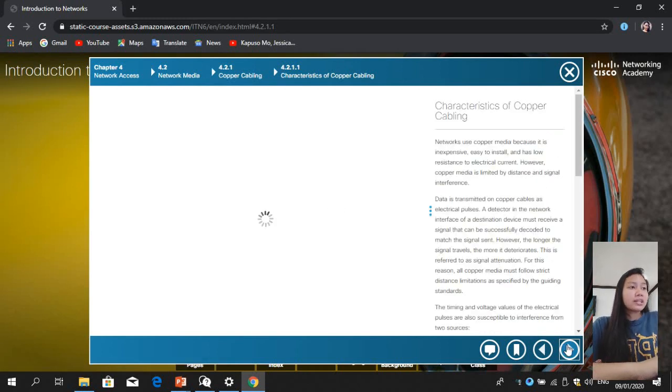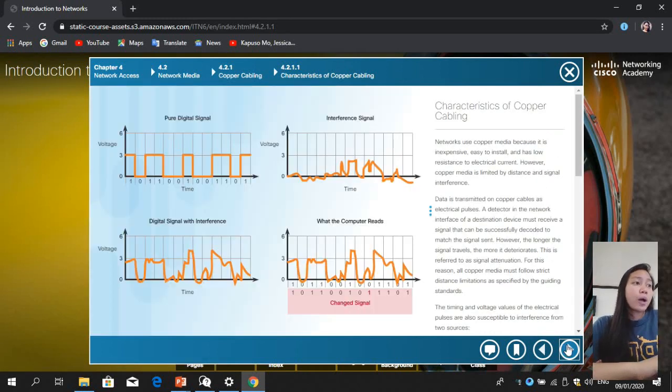Also, we study the characteristics of copper cabling. We can see a pure digital signal, the interference signal, the digital signal with interference, and what the computer reads. Data is transmitted in a copper cable as electrical pulses.